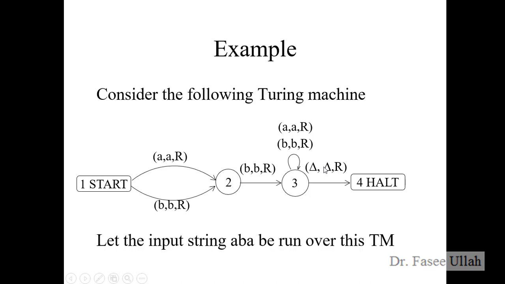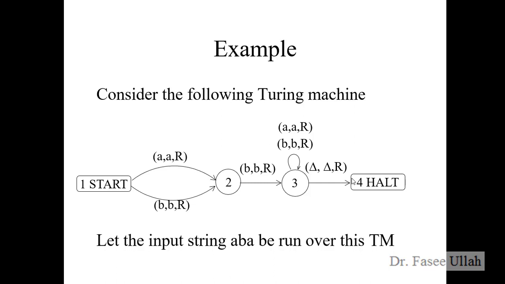Before going to the final state, we have to stop the system, otherwise it will crash. For this, we use empty, empty, and stop over here. This is the final. From this machine we can say it accepts ABA, so that is the input ABA, and it also shows us that this Turing machine accepts ABA as well.